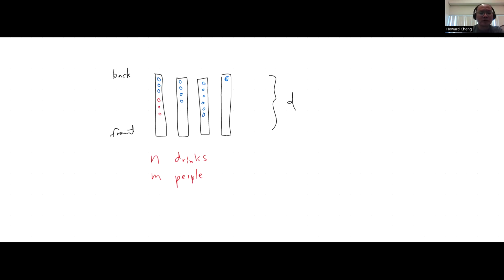Now, if you were to fill these 3 things, instead of filling them here, maybe you spread them out. Now, the first person would have only a 1/4 chance of getting a cold drink. Whereas if you didn't have that, like this, then the first person will have a 3/4 chance of getting the right drink.